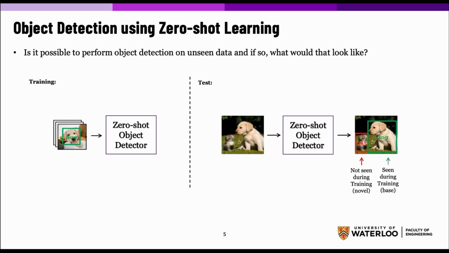This concept is called zero-shot learning. Suppose we have a detector that only trains on dogs. During test time, we may also expect it to generalize and potentially detect other animals like cats, which is considered novel because we haven't seen it during training.